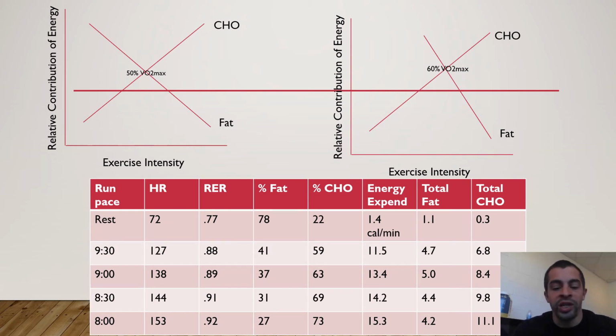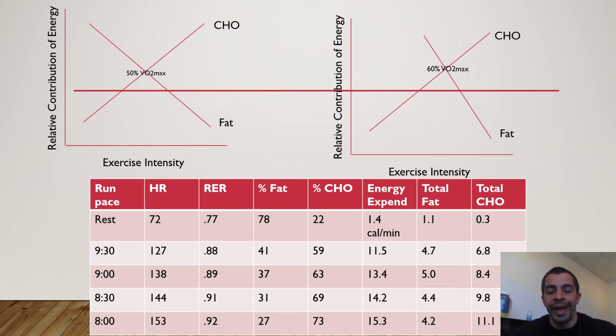As soon as he started to exercise at a very low intensity, his heart rate was relatively low, only 127, it started to switch already. He was using almost 59% carbs, this is the second row, and 41% fat. So right away, people start to be like, well, I'm using 60% carbs already. Why don't I just sit at rest where I'm using a larger percentage of fat?